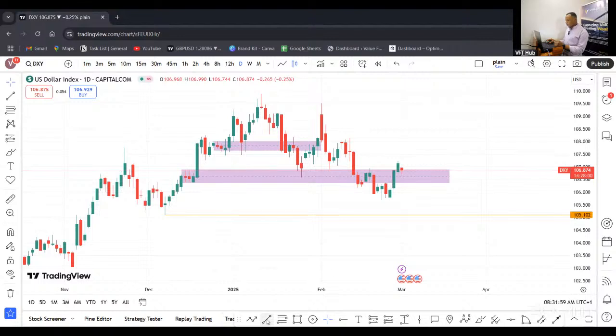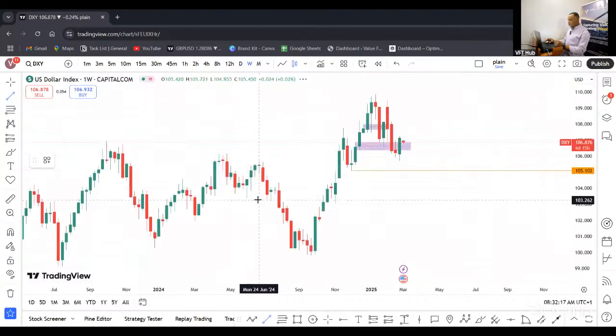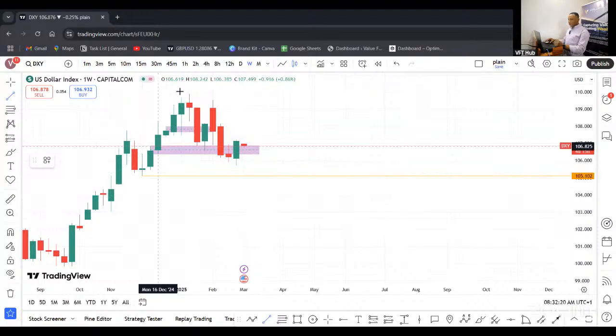All right, starting off with the dollar index. Very interestingly, you remember this old low that we drew out here on the dollar index a couple of weeks ago. We said that the dollar index might respect this low, seeing that this is the last range to the upside. This is the last swing. If you switch to the weekly time frame, you can see this was the last swing to the upside.